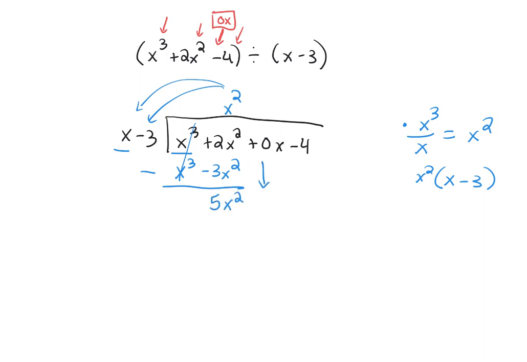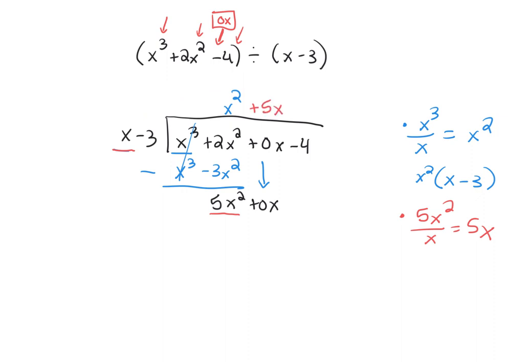And then we bring down 0x. Bring down the next term. And then we do the dividing step again. This term divided by this term. 5x squared divided by x is 5x. That is the next part of the answer. And then we're taking that 5x and multiplying both by the x minus 3.